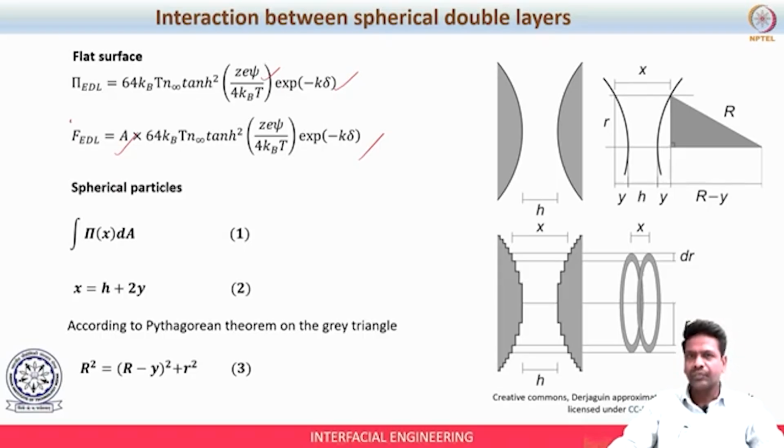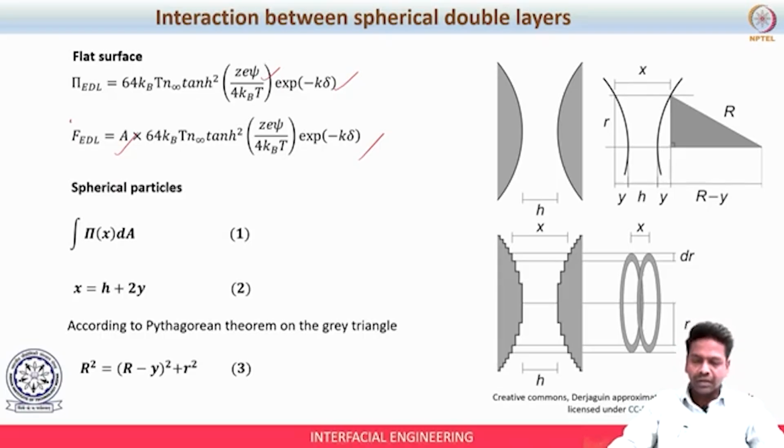But it is easier to understand the spherical case first, and then maybe you can develop the non-spherical case on your own. The spherical case is the simplified one, and it is the generalized case. So we will first look at how we can calculate the interaction between spherical double layers.